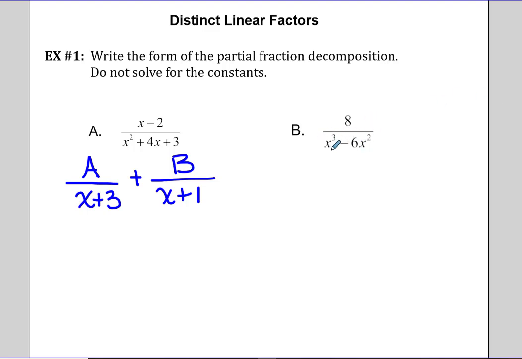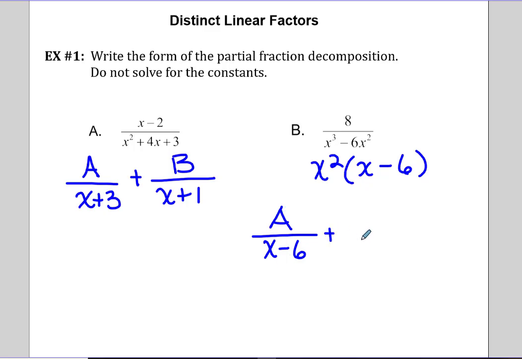This one, if you factor out an x squared, we're going to have x squared and then x minus 6. So we got to think about those factors. We would need first the linear term and then a number, so that the numerator power is smaller than the denominator.